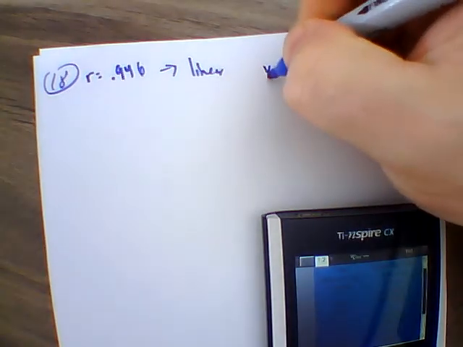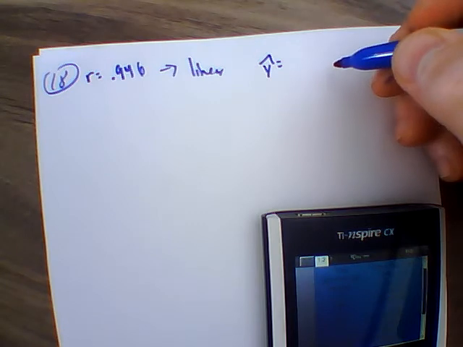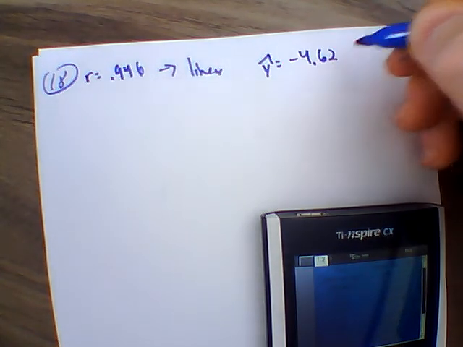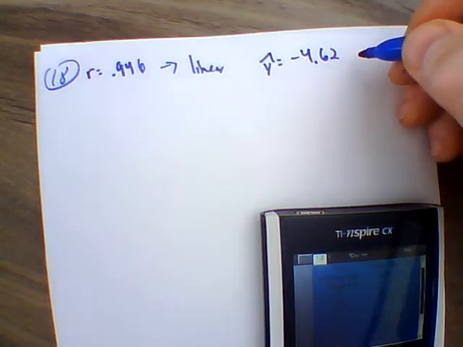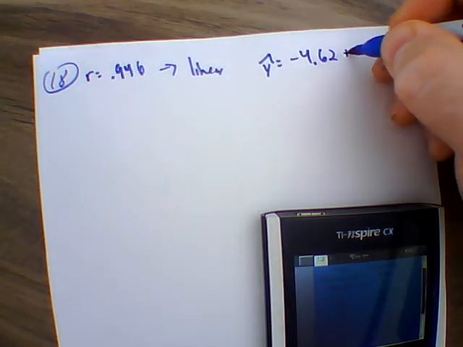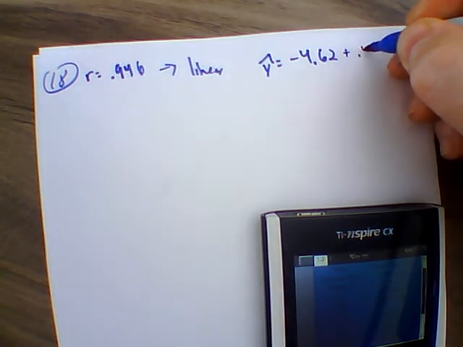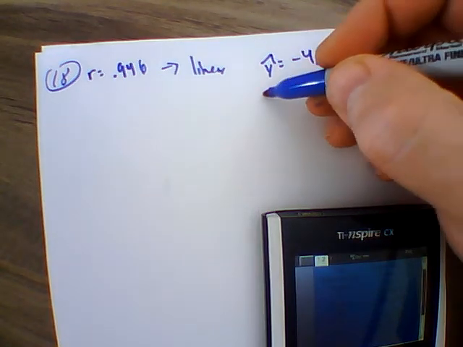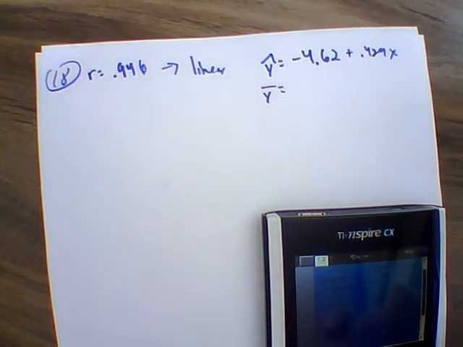So if we come up in our problem here, we would state that y hat equals a, which was negative 4.62, and then plus b, which is 0.429x. Now that we have this, we could find the mean. Okay, so we can always go back on any problem.